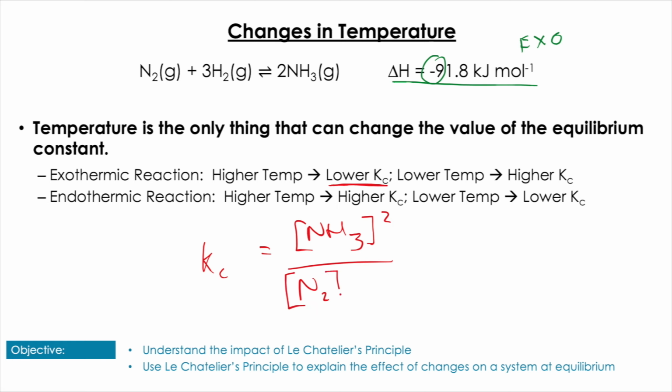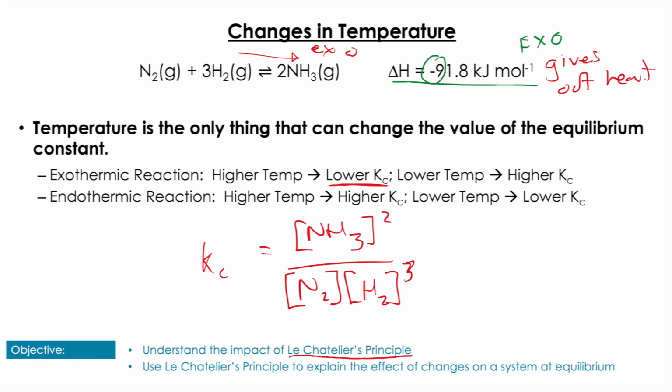Well, if we have a look at our equilibrium constant and also understand the thermodynamics, we start to build the picture. So for this reaction, the reaction going from left to right is exothermic. That means it gives out heat. And of course, conversely, the reaction from right to left is endothermic and so takes in heat.